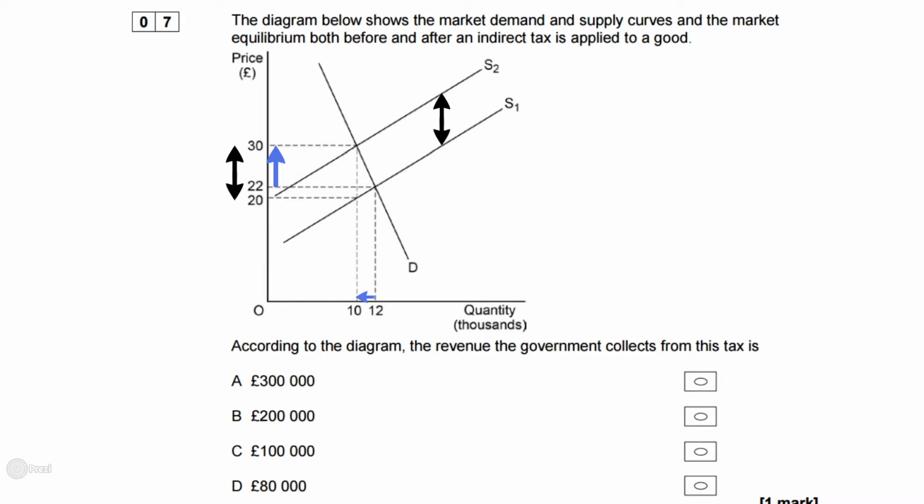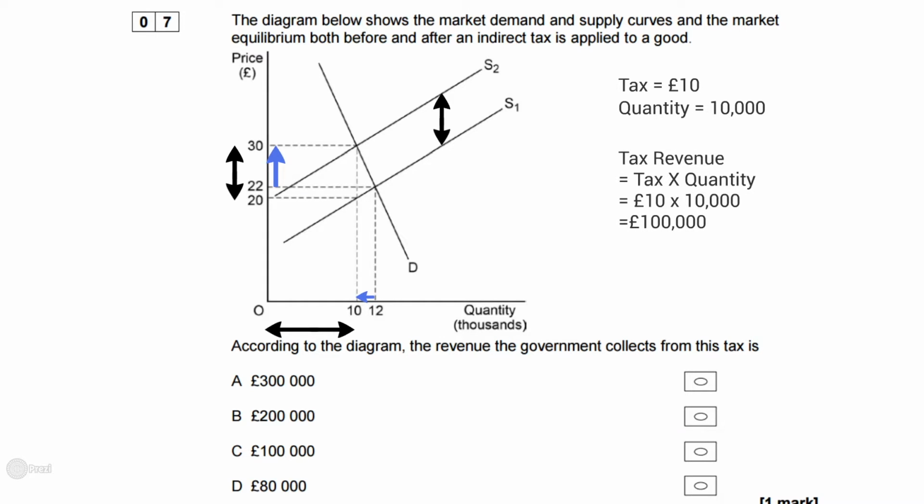The tax revenue is the tax times the quantity, and the quantity in the new equilibrium is 10,000. So we do £10 times 10,000, which gives us a revenue for the government of £100,000, because it's the tax per unit times the quantity. So the government makes £100,000 from this, which is answer C.